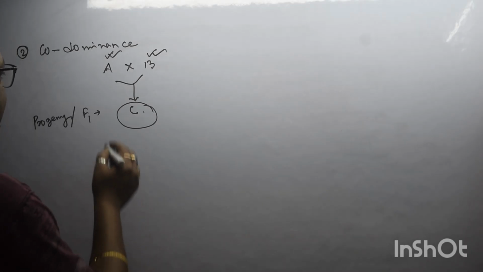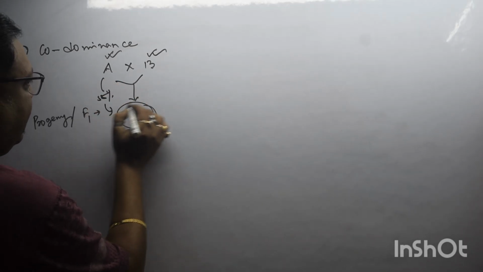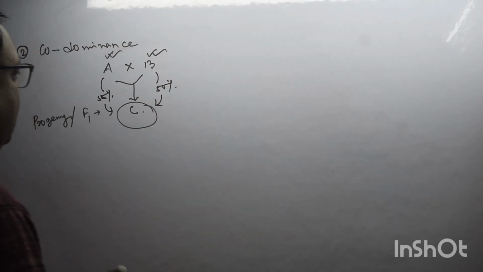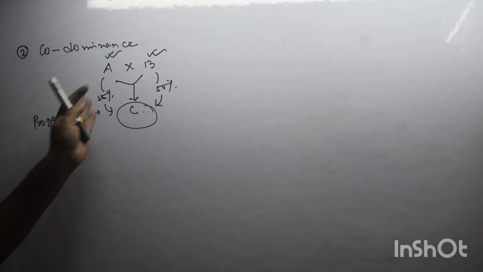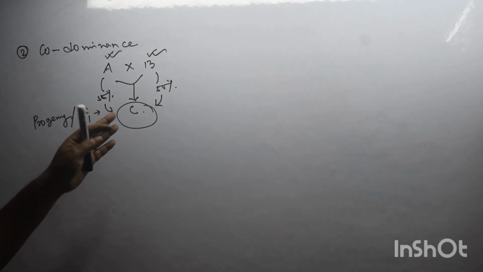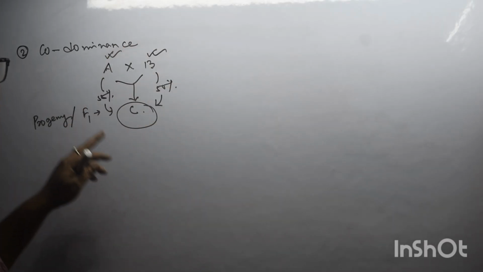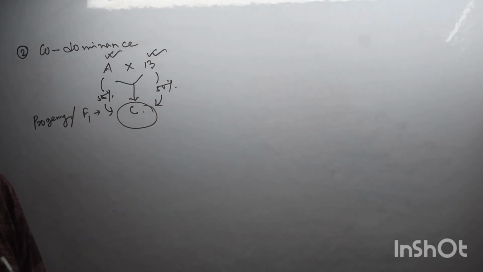In case of codominance, exact 50% of parent A and exact 50% of parent B combinedly forms the progeny or F1 generation. In case of incomplete dominance, this ratio can be 50% or more than 50 or less than 50% even. But in case of codominance, the ratio is exactly 50-50%.